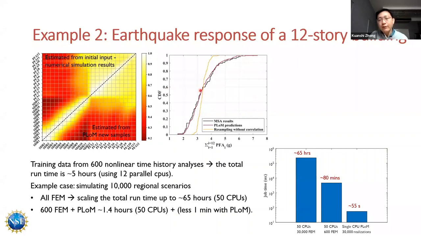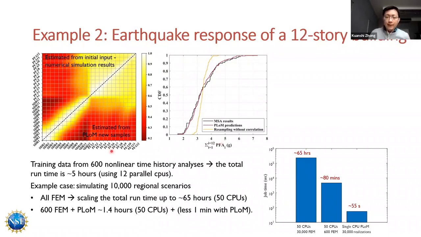So I got the yellow curve. You can see if you ignore this correlation, it can be a problem sometimes when you go on to estimate the damage or loss, because those are based on correlated realizations at different story levels.